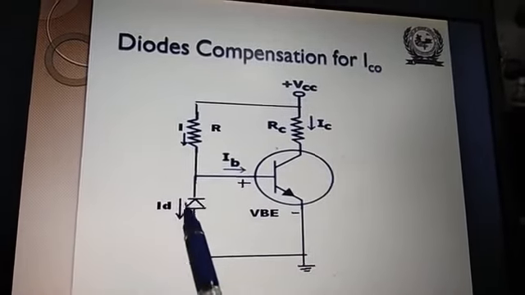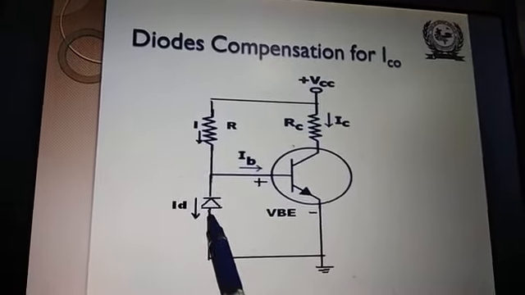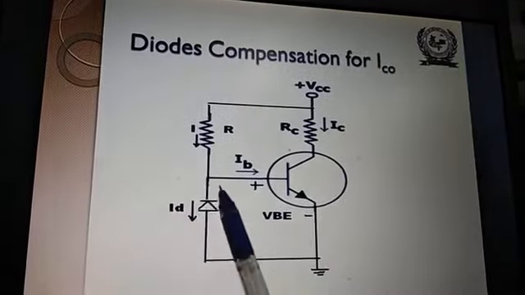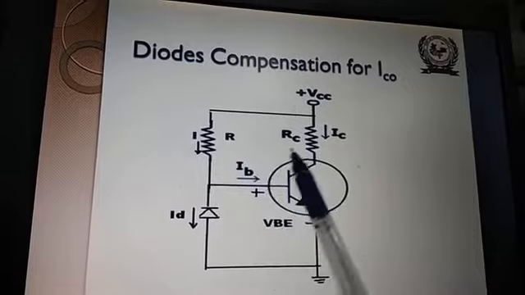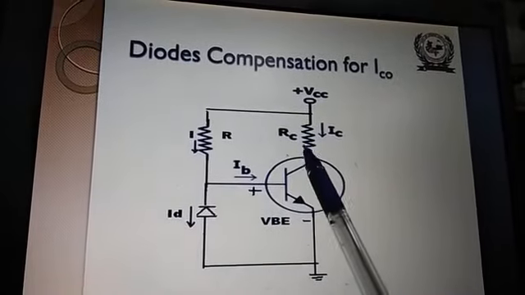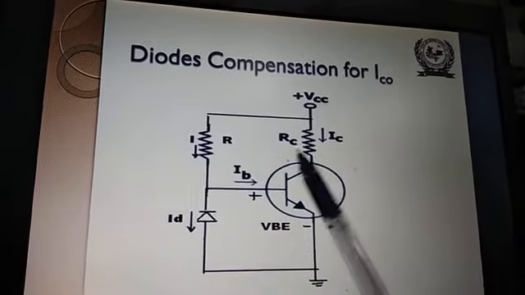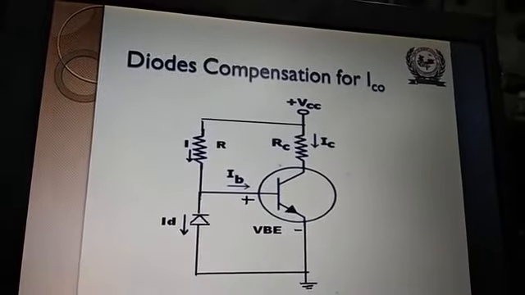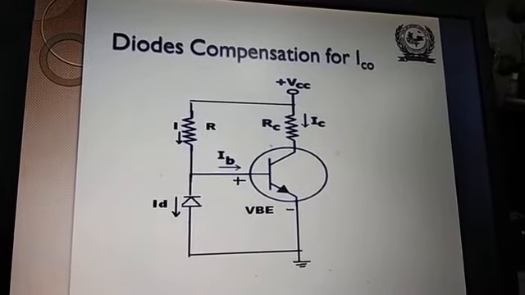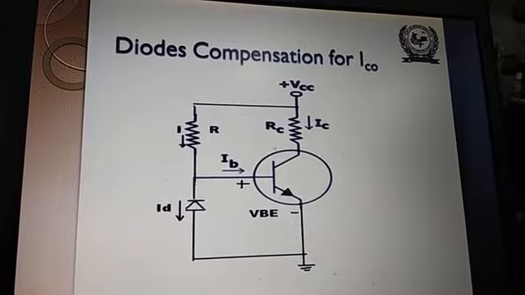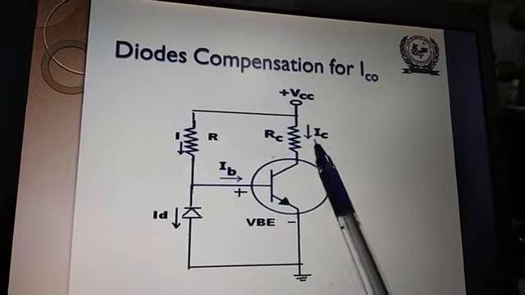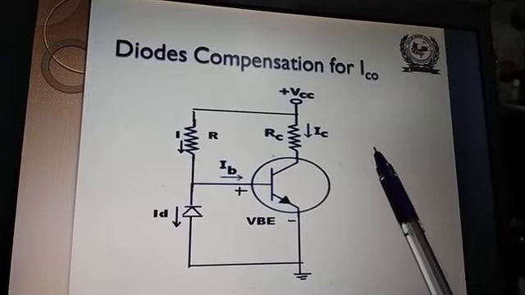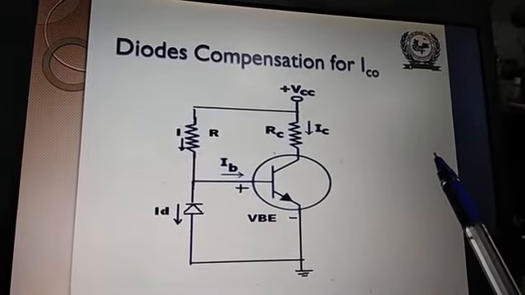Why? Because here, in reverse connection, this diode is used. So the reverse current of this diode and the reverse current of this transistor, collector to base junction, will be compensated by each other. Hence no increase in current will be there. That is no increase in the collector current, as the equation says, IC is equal to 1 plus beta times ICO plus beta times IB.